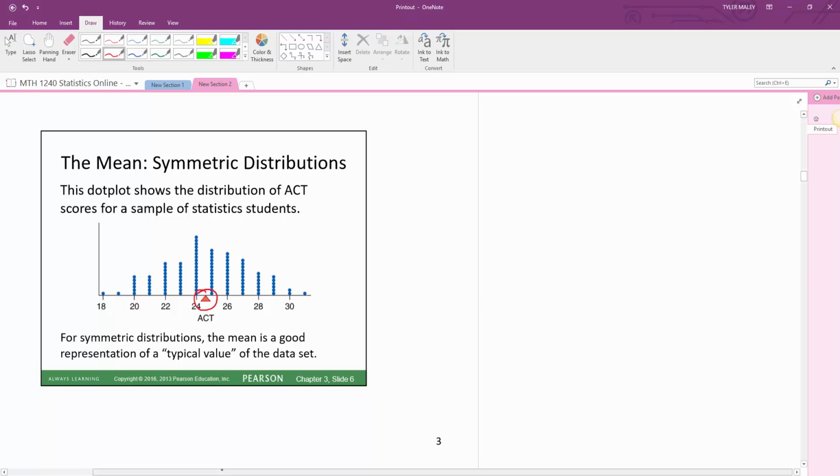This is showing where the mean is. That is a good representation of the typical value, because we have a lot of values around it, so we can call that typical. This value over here would be atypical. It's kind of by itself. There are not a lot of data points near that. It's like an extreme value.